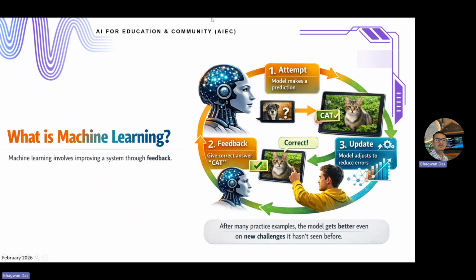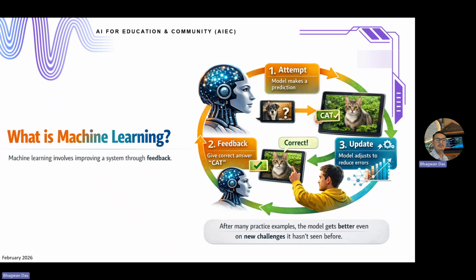Now, based on this, you can see here, machine learning basically involves improving a system through feedback. Let's take an example here. You attempt to make a prediction. In the last class, or in the last slides, we have already talked about how making a prediction is an AI task.